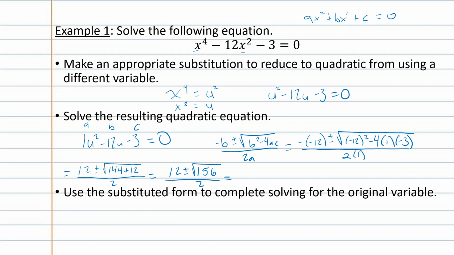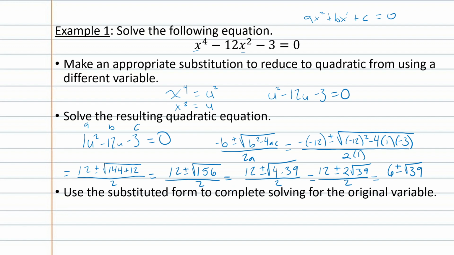That makes sense. So we could technically break this into 12 plus or minus the square root of 4 times 39, all over 2, which should simplify down to 12 plus or minus 2 square root 39 over 2, which finally simplifies down to 6 plus or minus the square root of 39.